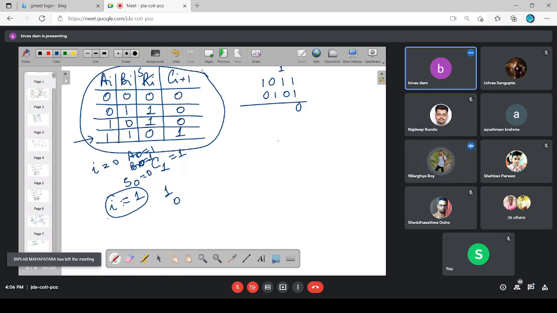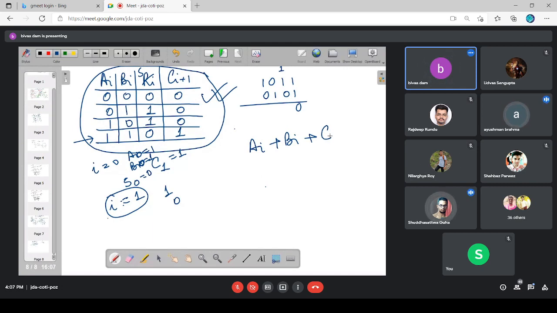We can first add AI plus BI and then add carry with this, taking two at a time. With this logic, no, sir, we cannot, because here I have to go for AI plus BI plus CI.